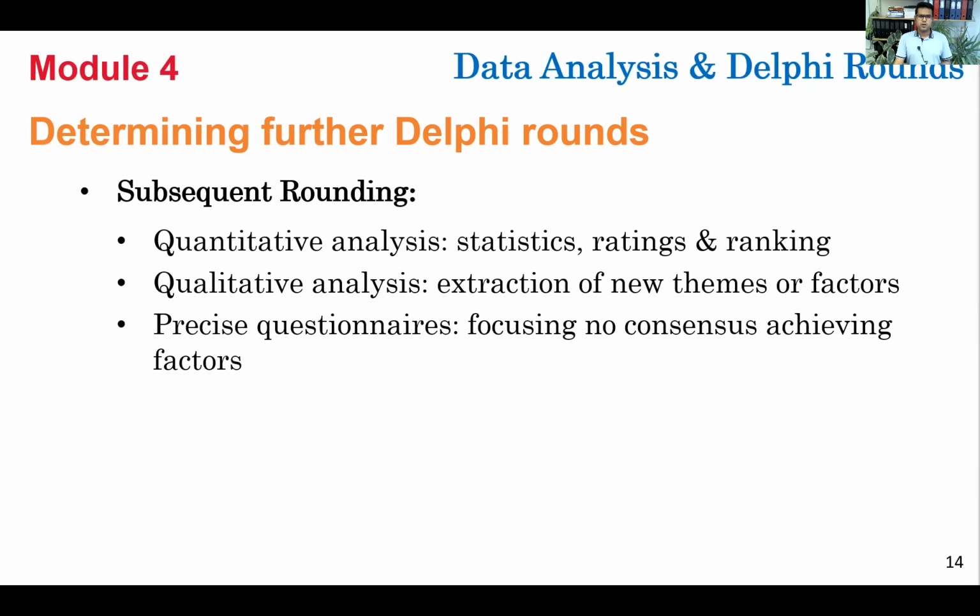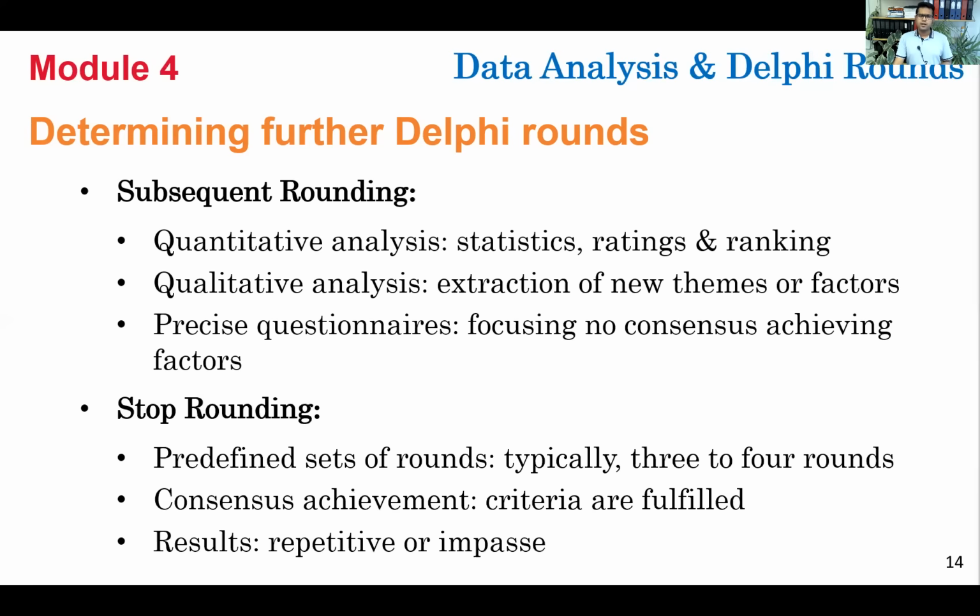Now, stop rounding. Although 3 or 4 rounds are typically used, researchers should stop the rounds when the criteria for consensus are achieved, or when results become repetitive, or when an impasse is reached.